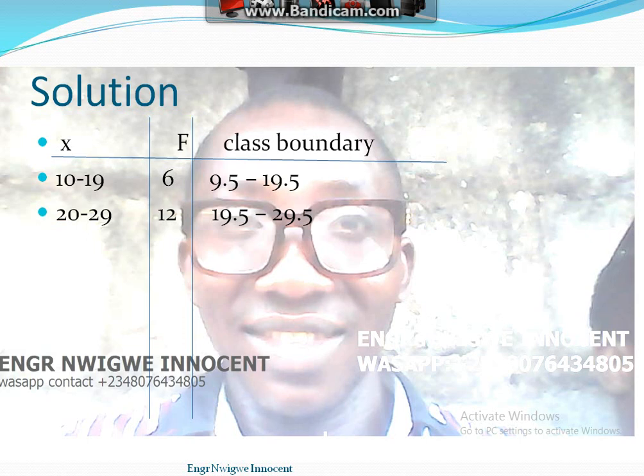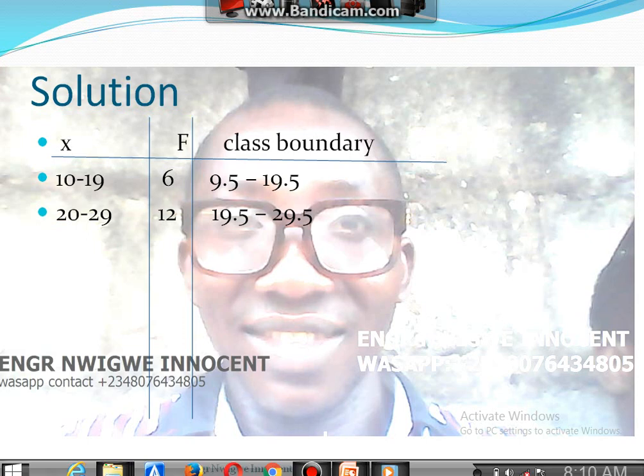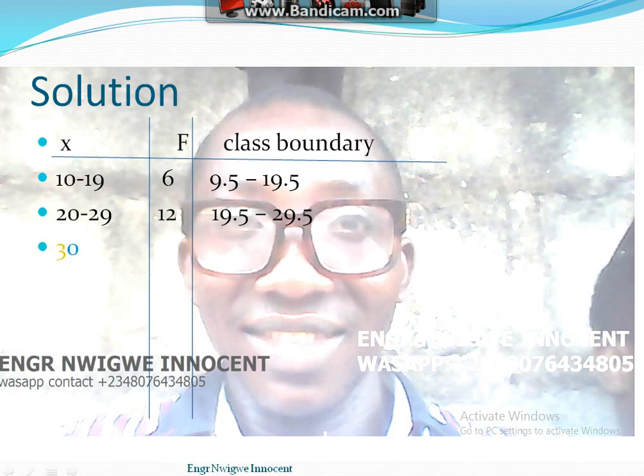The third age interval is 30 to 39. The frequency is 16. For the class boundary, we subtract half from 30 to give us 29.5.